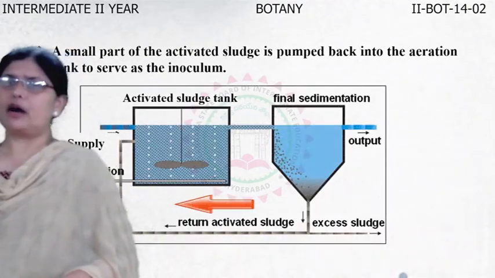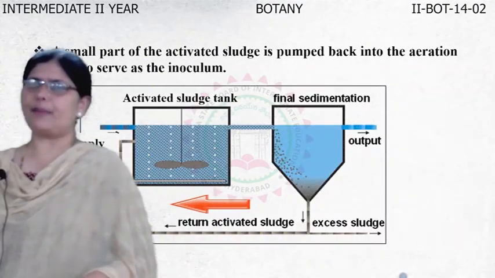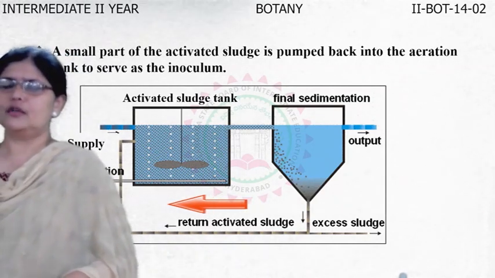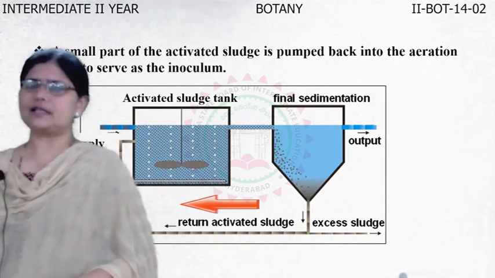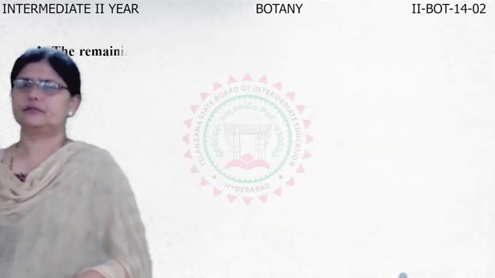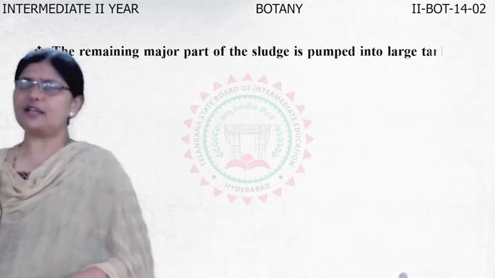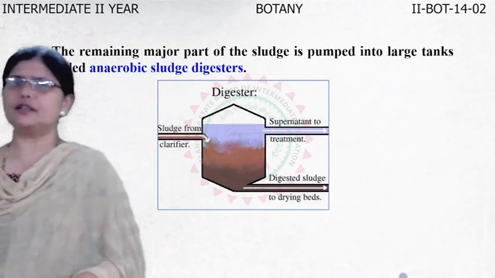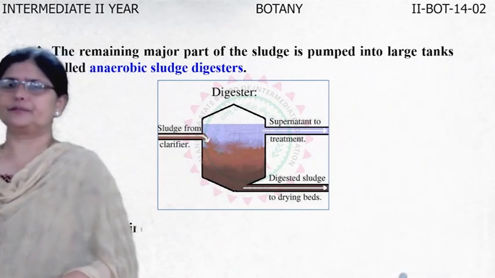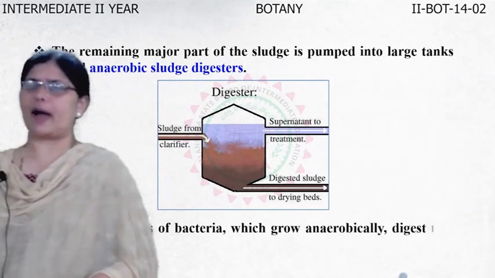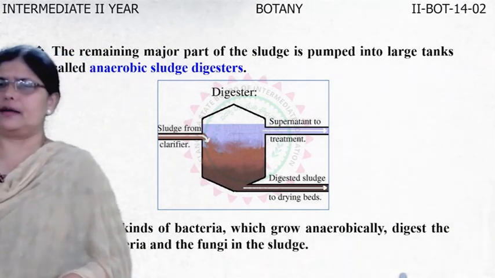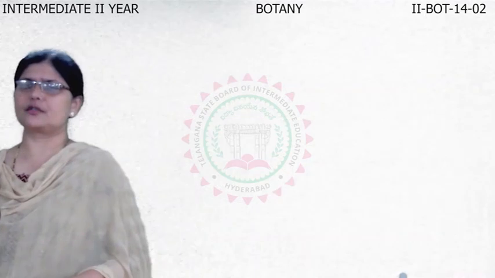A small part of the activated sludge is pumped back into the aeration tank to serve as the inoculum. So, you can see here the activated sludge tank and then final sedimentation. The remaining major part of the sludge is pumped into large tanks called anaerobic sludge digesters. Here, other kinds of bacteria which grow anaerobically digest the aerobic bacteria and the fungi in the sludge.